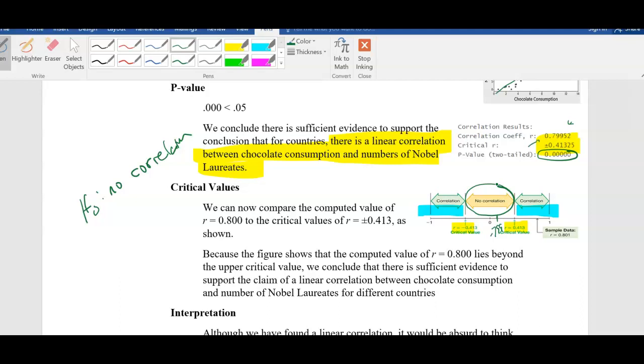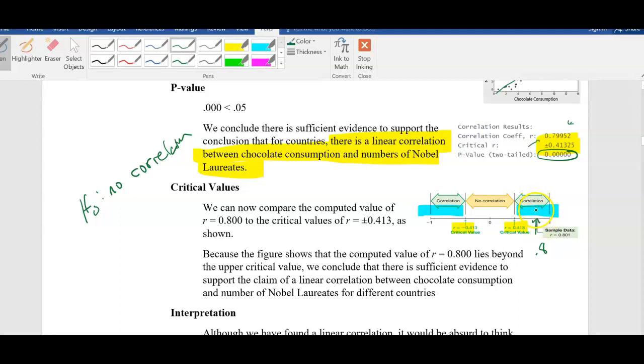I just wrote that in the wrong spot, for crying out loud. Let's try that again. I'm sorry. So it's going to go right here, our 0.7995. I don't know why I got a 0.8. Oh, they rounded. Okay, so 0.8 right here. That 0.8 is in this area, where we reject the null.